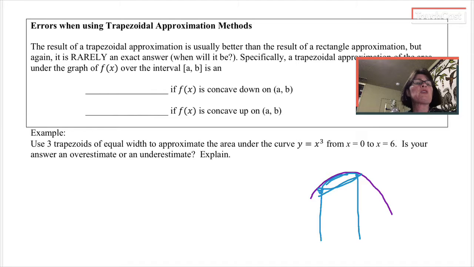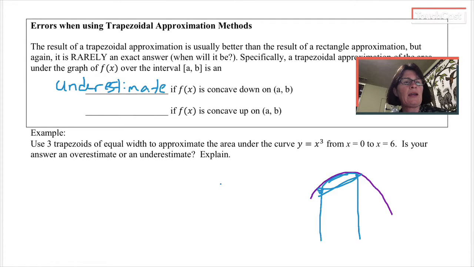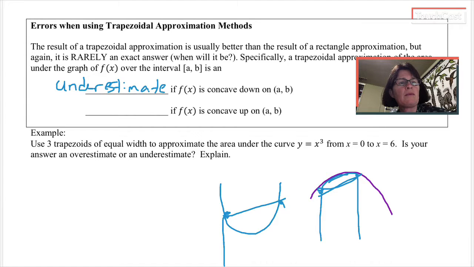So specifically, a trapezoidal approximation of the area under the graph of f over the interval a to b is an underestimate if f is concave down. If I had a concave up piece and I tried to draw in a trapezoid, there's my trapezoid.